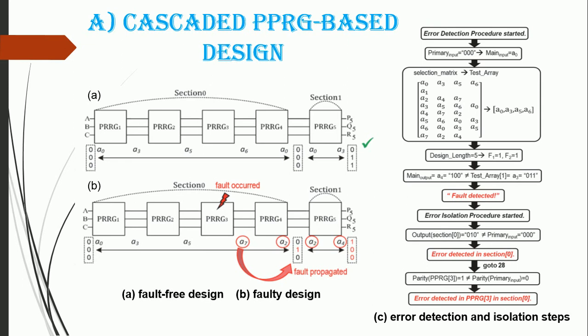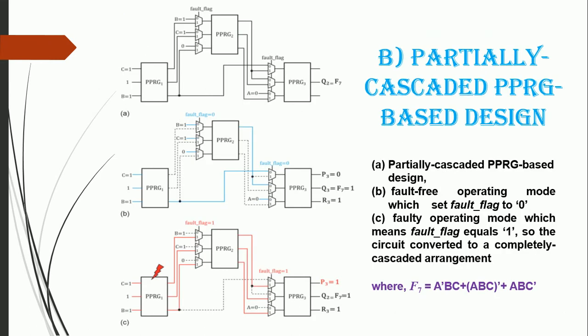That is, the parity of PPRG 3 is equal to 1, which does not match the parity of the primary input, which is 0. Hence the error has been detected in PPRG 3 in section 0. That is the logic which they have used. And then moving on to the next slide.